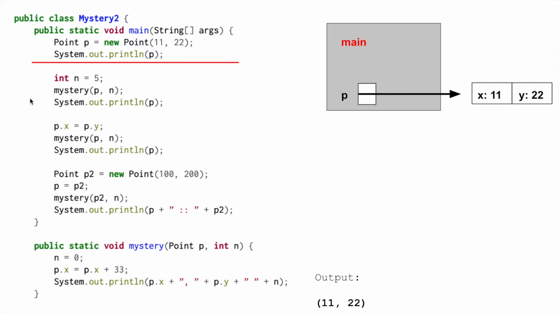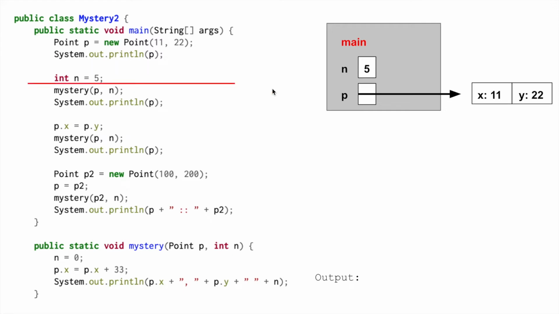If you're confused or stuck already, feel free to go back, but I'm going to keep chugging along. On the third line of main, we're going to create a new variable, int n, and set it equal to 5. Again, n goes in main's set of variables, because those are the rules of Java. But n now is an int, which is one of those few primitive types that we talked about.